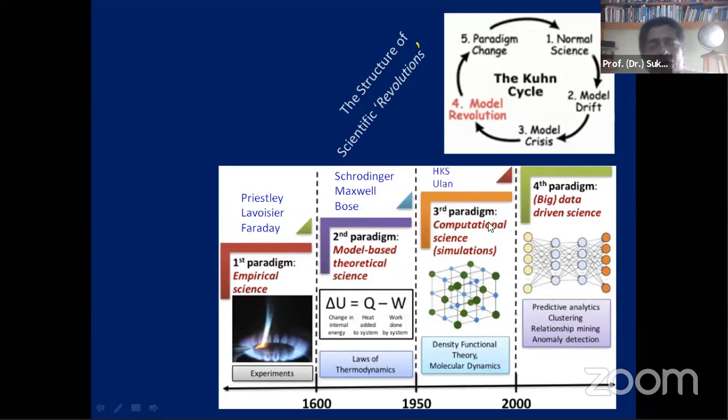Subsequently, the third paradigm is computational science, where there are models such as density functional theory and molecular dynamics. And right now we seem to be in the fourth paradigm of big data driven science. Here the data is key. In the third paradigm, some underlying physics and chemistry was the guiding or driving force. In the fourth paradigm, a large part of that has been taken up by the data.